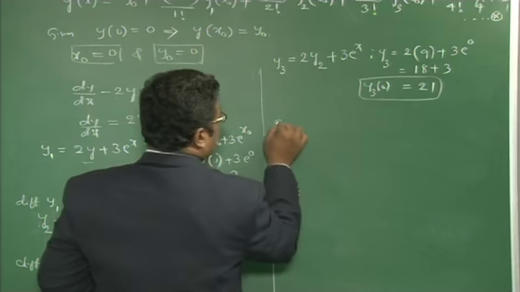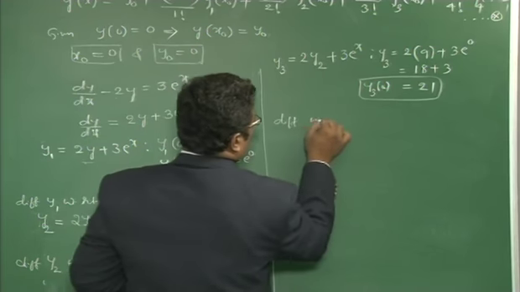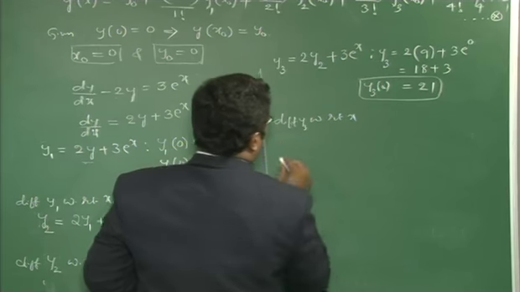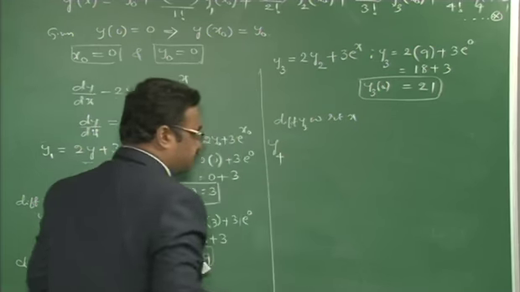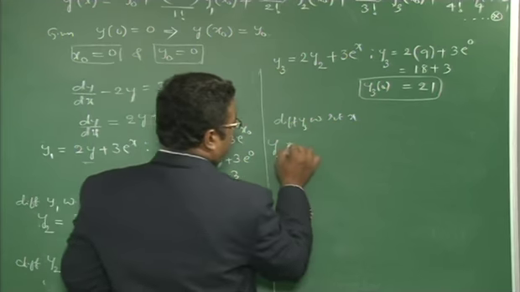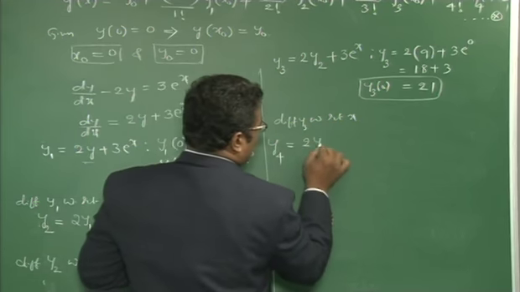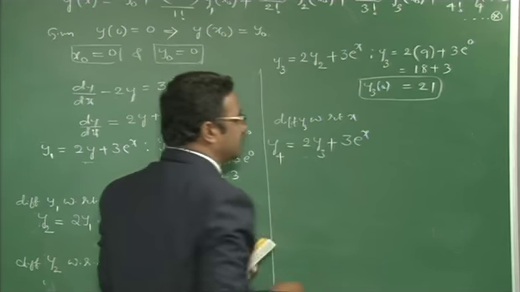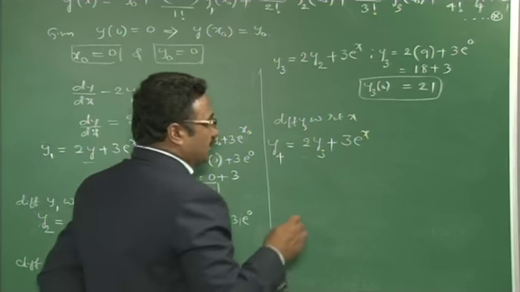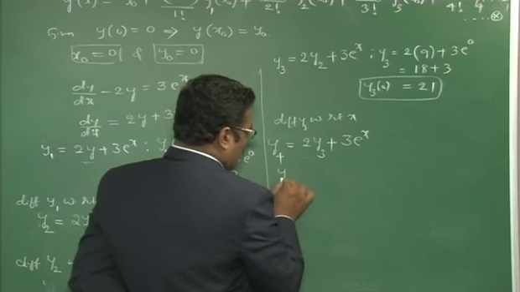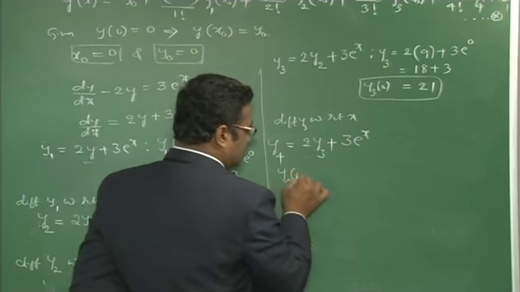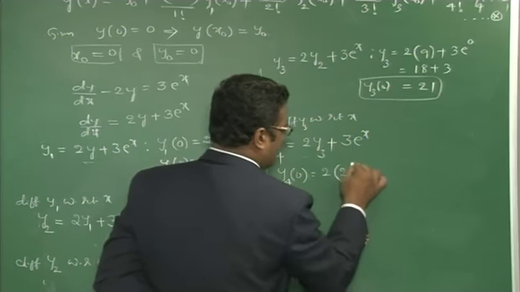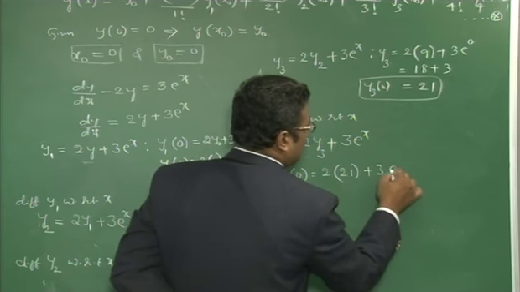Then again differentiate y3 with respect to x, then it becomes y4. This is 2 into y3 plus 3 into e power x. Differentiation of e power x is again e power x. y4 at 0 should be equal to 2 into y3, which is 21, plus 3 into e power 0.